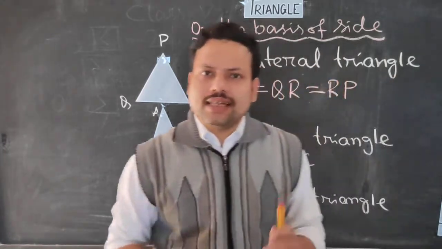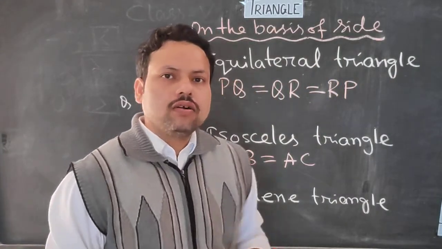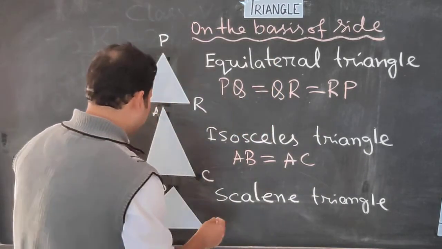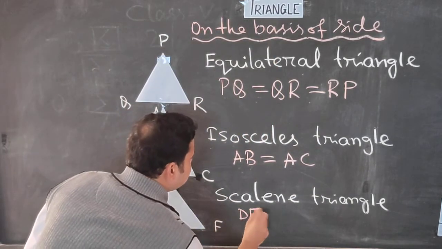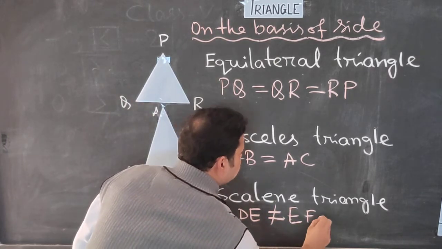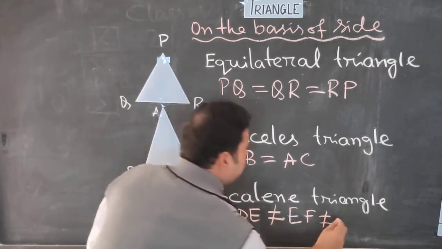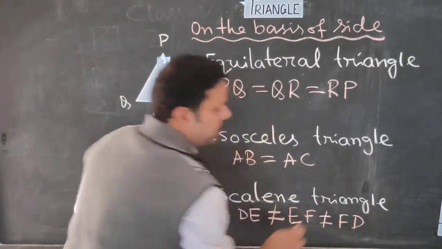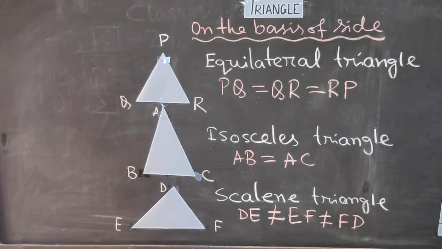What do you mean by scalene triangle? Where all sides are not equal. Take DE not equal to EF not equal to FD. All are not equal. This type of triangle is known as a scalene triangle.